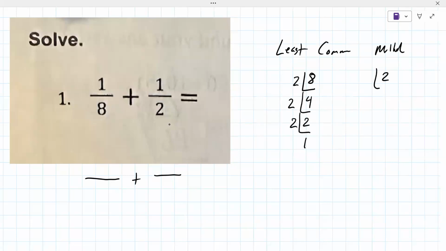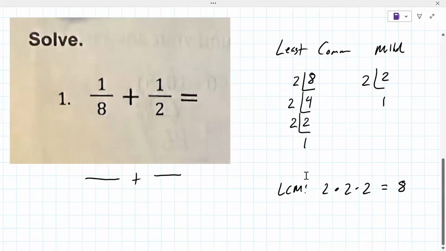You start with the smaller number, 2, and then you go to the other one and you've got 3 2s here, but I've only got 1 here. So I need to put 2 more in. Okay, so your least common multiple is 8.